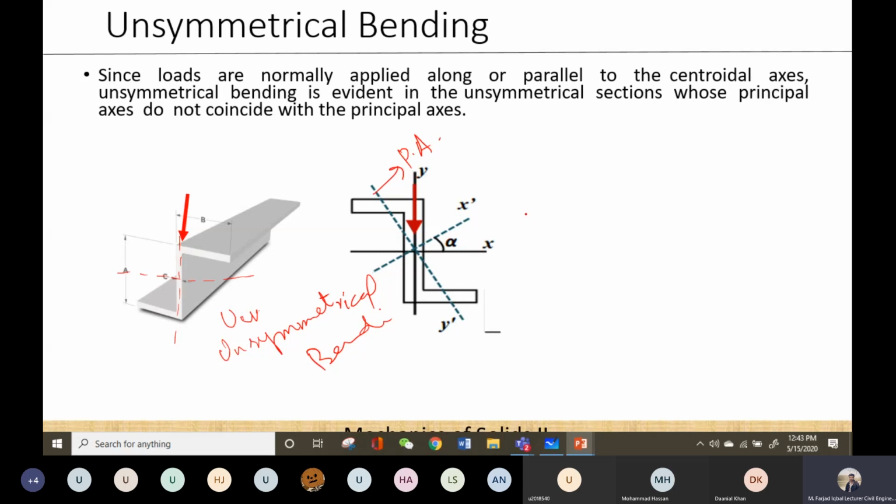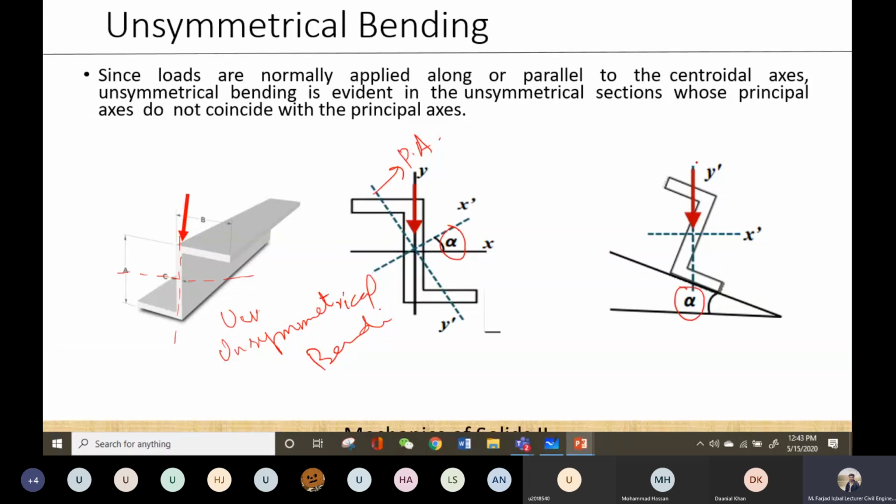And usually, if I want to induce the symmetrical bending in case of this Z section, what will I do? I will incline this Z section. So if I put this Z section at an inclination similar to this angle alpha, then the load will be acting parallel to this principal axis, and this is what you see in most of the roof systems.